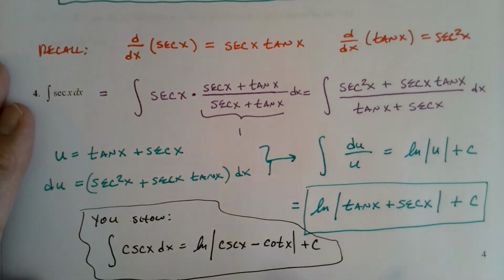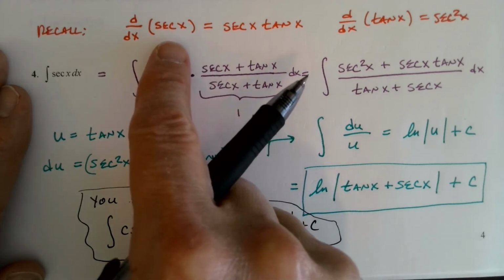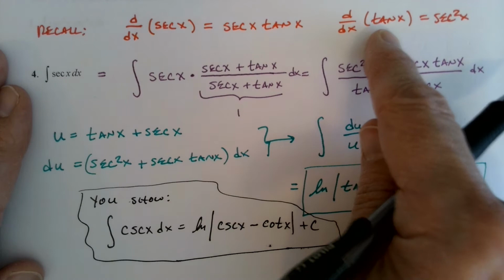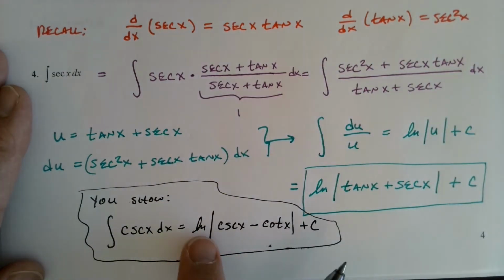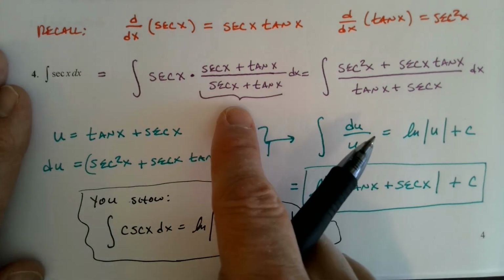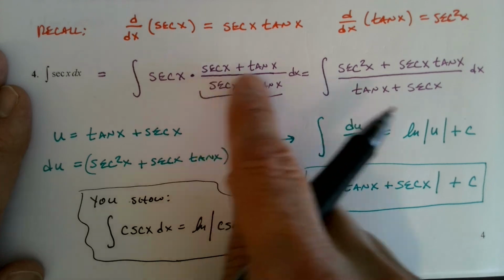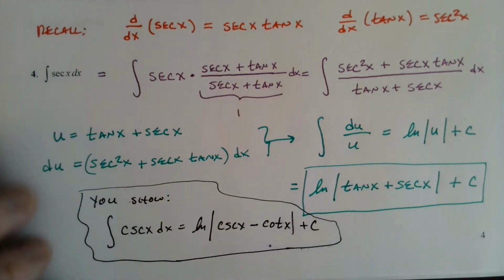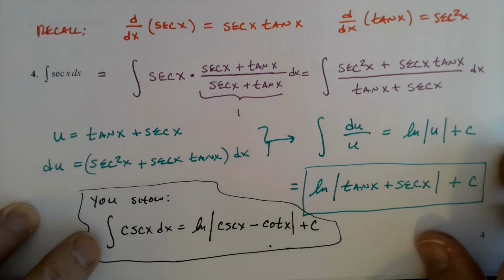So think about how we did this one. Think about the derivatives of cosecant, which is negative cosecant cotangent, and the derivative of cotangent x, which is negative cosecant squared x, and see if you can figure out how to get to here. It's very similar to this. What do you think we're going to multiply by there? You can almost see what you have to multiply by right here. So try and see if you can get that to work out.